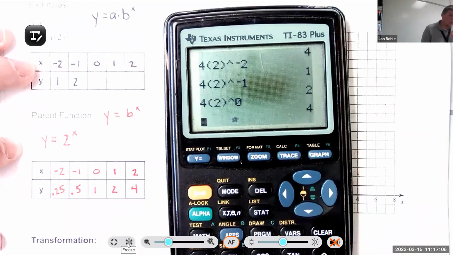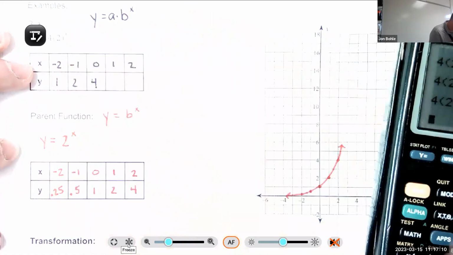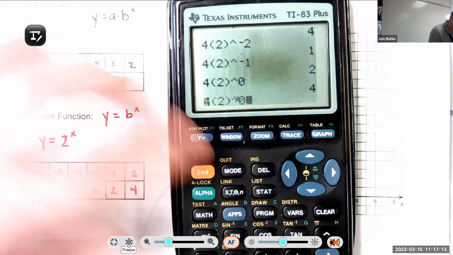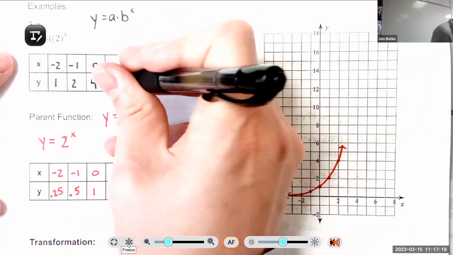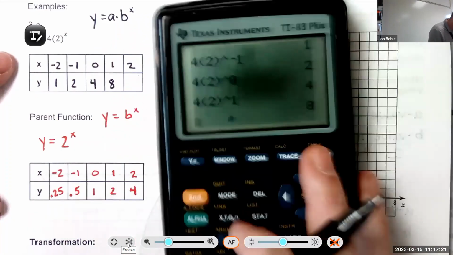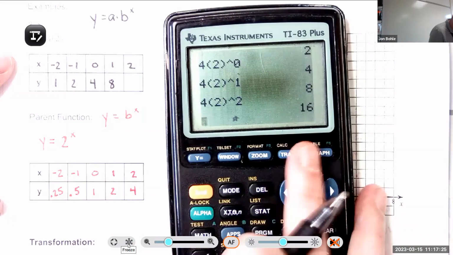So the 0 power is 4. To the first power, 8. To the second power, 16.